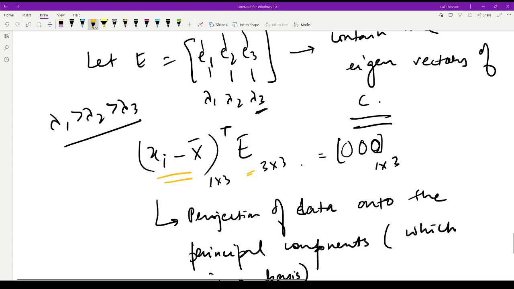Since you have projected it onto this new basis E, you can do an inverse projection by taking the inverse of the matrix. Once you take the inverse of the matrix, whatever data you get, you add the mean x bar, and then you get the original point. So the only thing that you need is the eigenvectors and the mean. That's all.